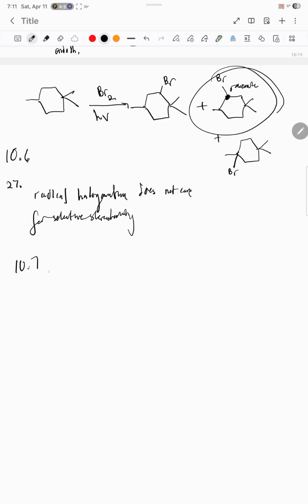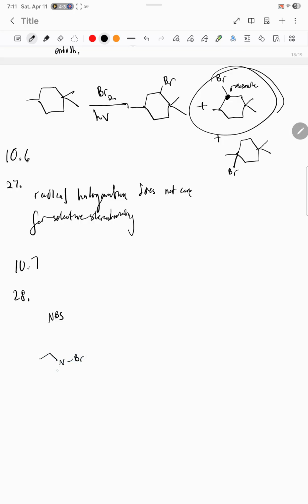10.7 is allylic bromination, which is important, and this is point 28. The question asks, what must be used for allylic bromination, and describe its mechanism. Allylic bromination requires a special reagent known as NBS. This is what NBS looks like.